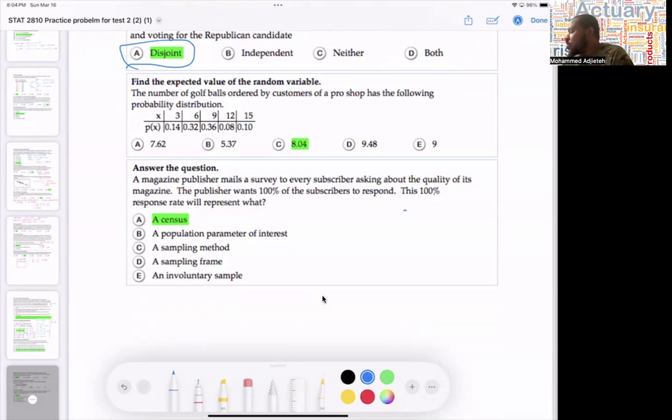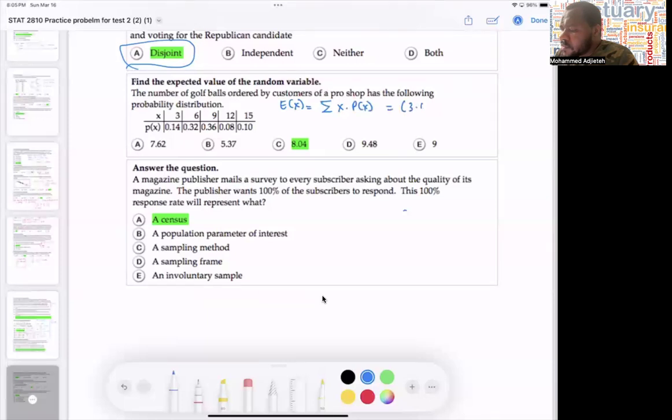So we know the expected value, E of x, is equal to the summation of x times P of x. So all we need to do is multiply the x by their corresponding probabilities. So let's try to do that.